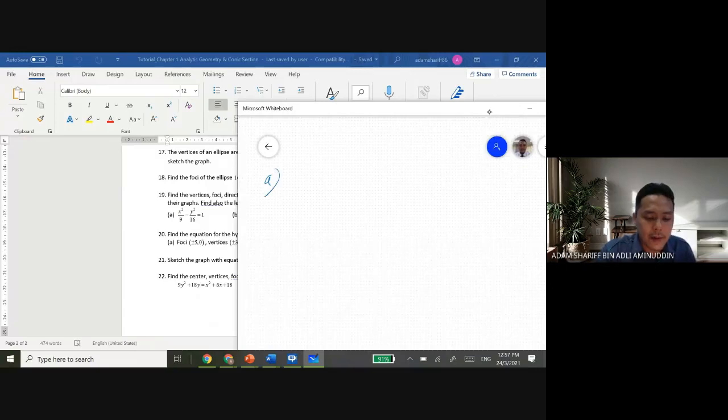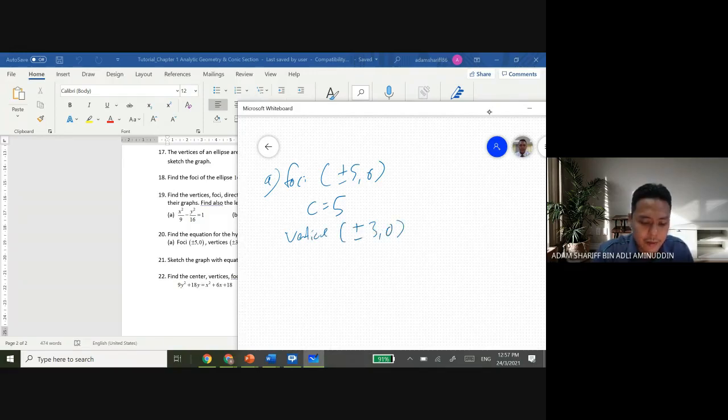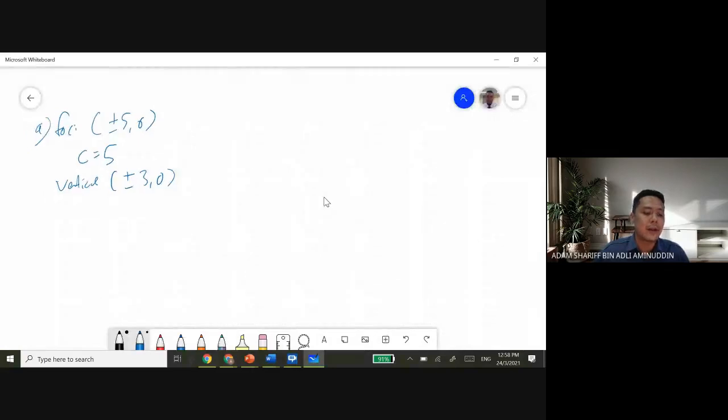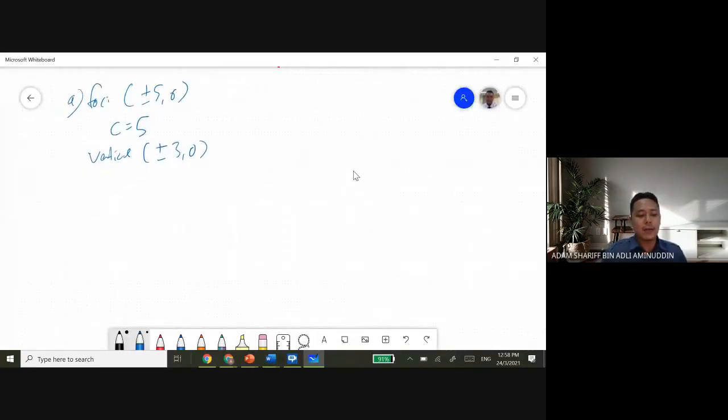The information given is a foci, so plus minus 5, 0. So we know that the value of C is 5. And also the vertices plus minus 3, 0. And we don't know A or B yet. We can know actually. So my advice is try to plot the point first. This is what I actually did.